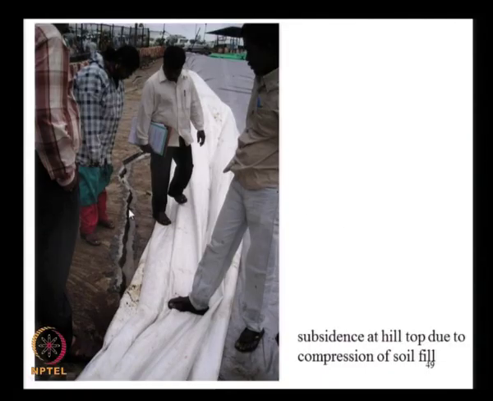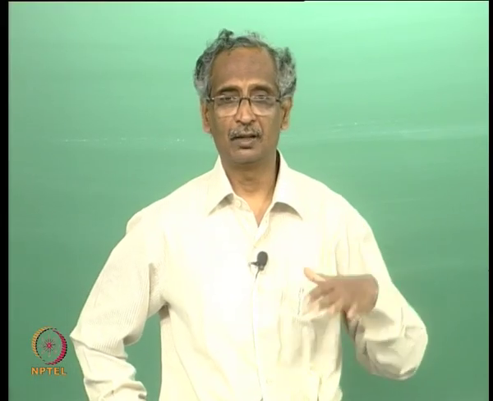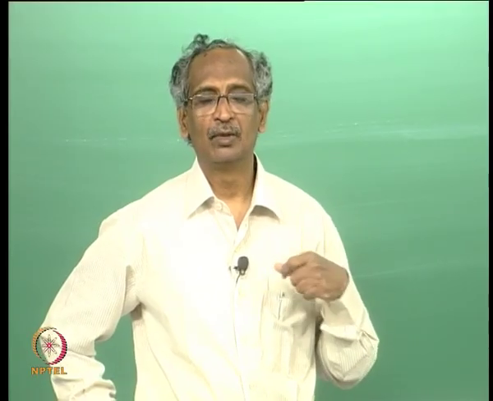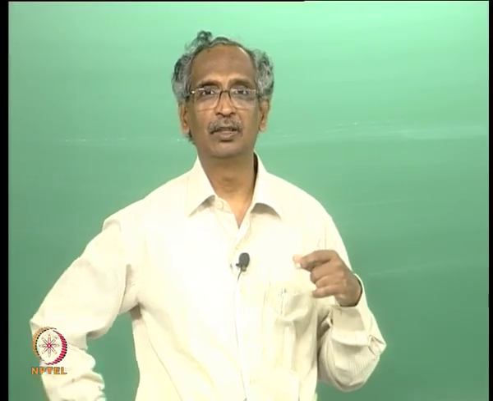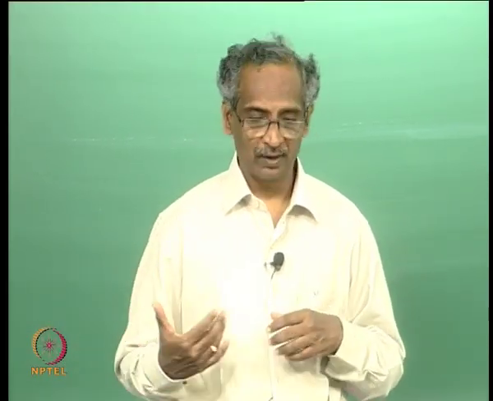And at the top of the hill at 44-meter height, there were some subsidences of the order of about 500 millimeters, and that is mainly because some part of the soil was not compacted adequately, because the entire compaction was done using lightweight rollers.